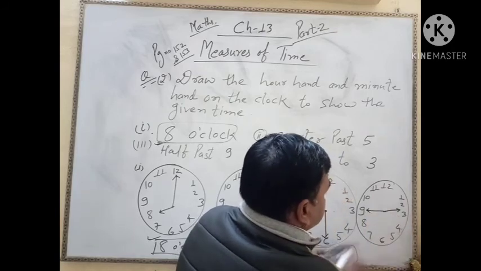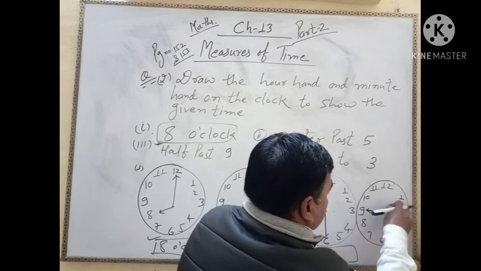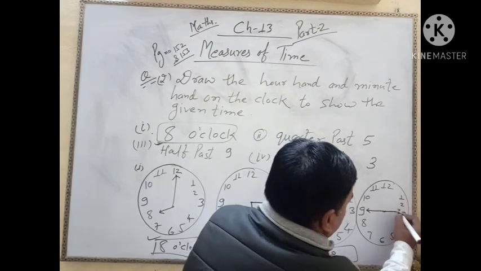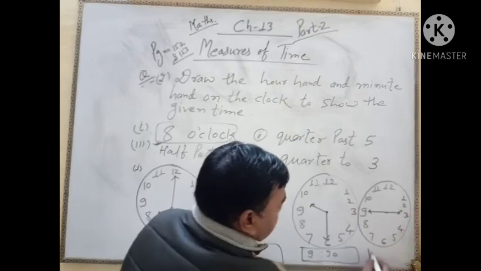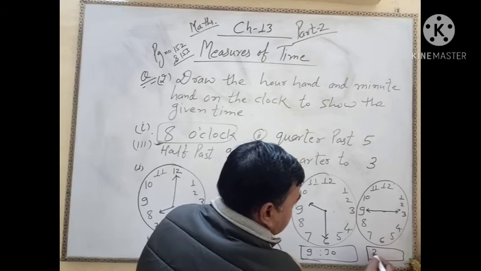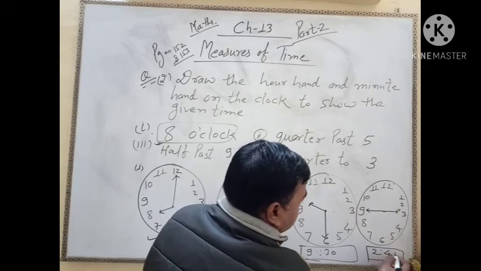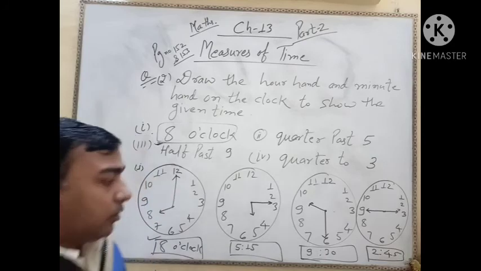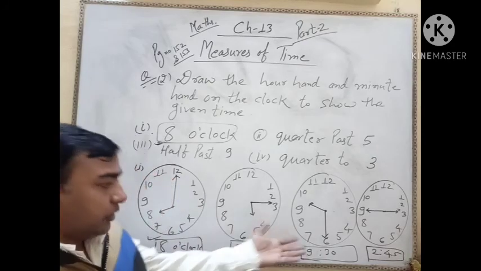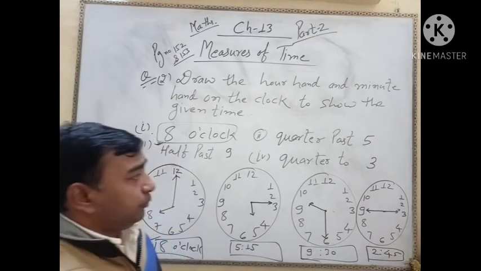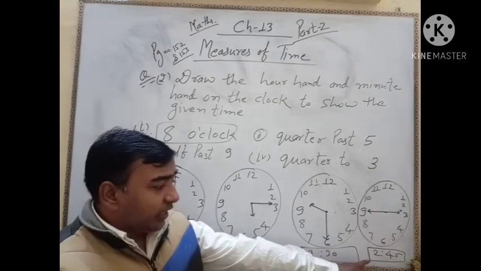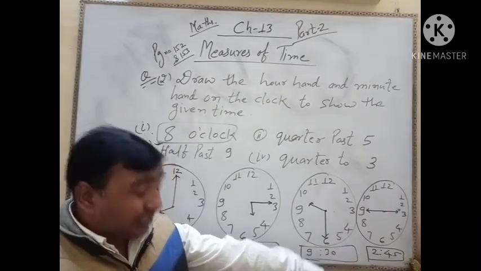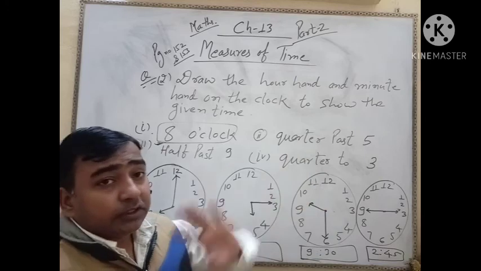Okay. And we can write 45 minutes. It means 45 minutes past 2. We can write this as 45 minutes past 2, or quarter to 3.